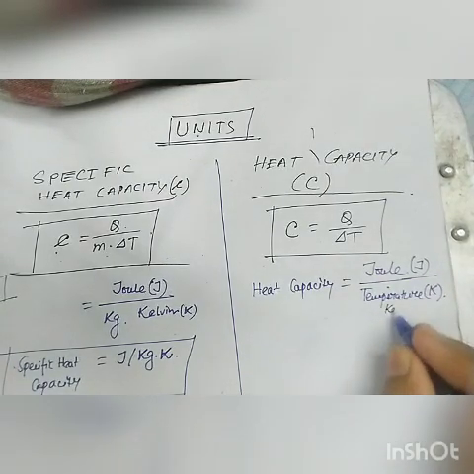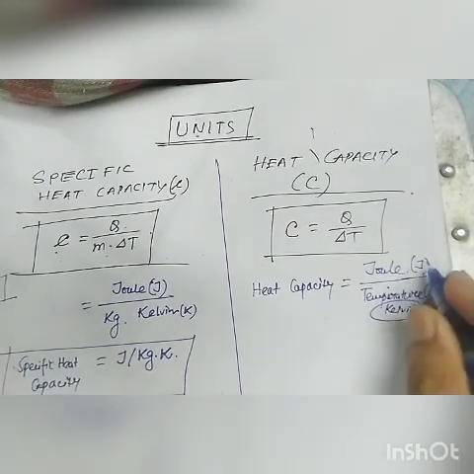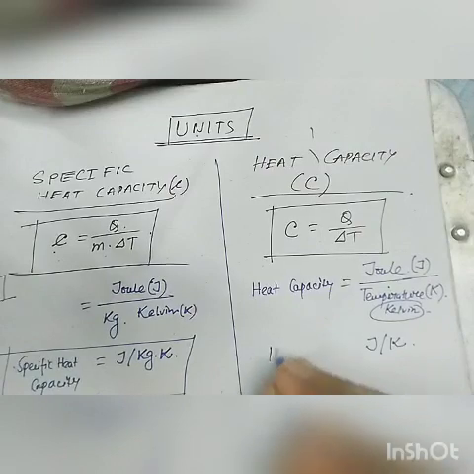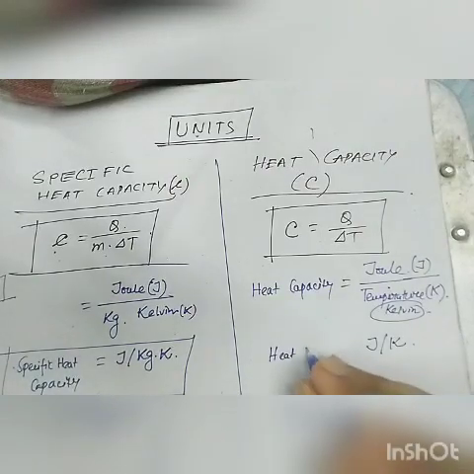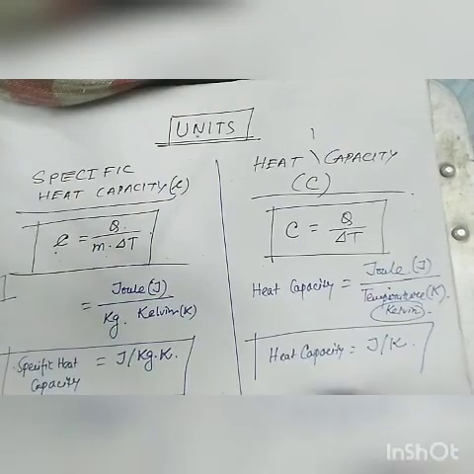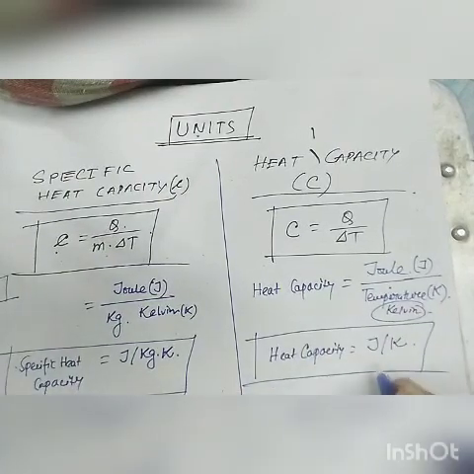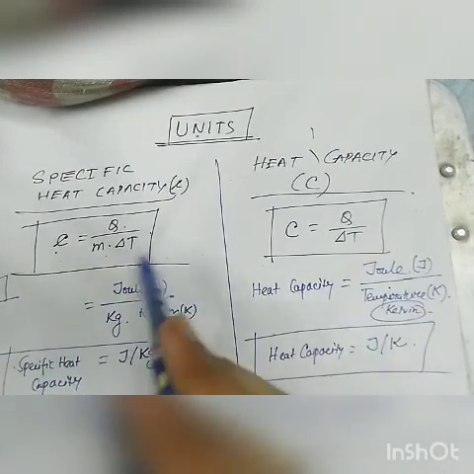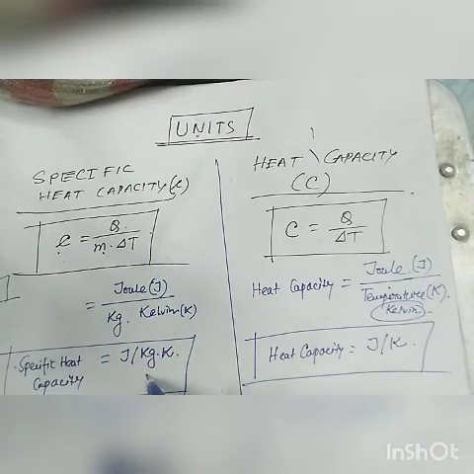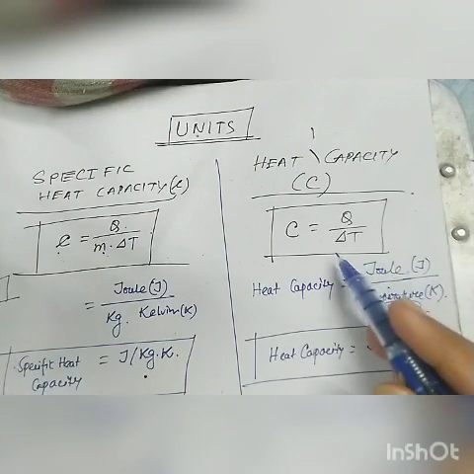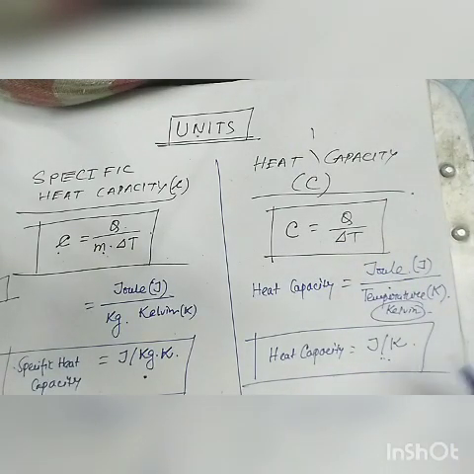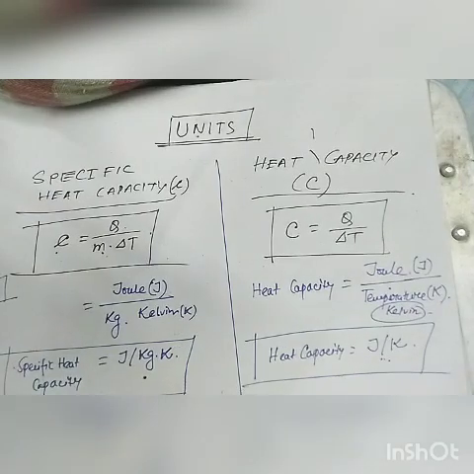So joule per Kelvin, that is the case for heat capacity. So we can see again they differ by a quantity of mass, as specific heat has m in the formula, so the kg appears, and in heat capacity there is no mass dependence, so no kg in the formula. That's all we have to learn from here.